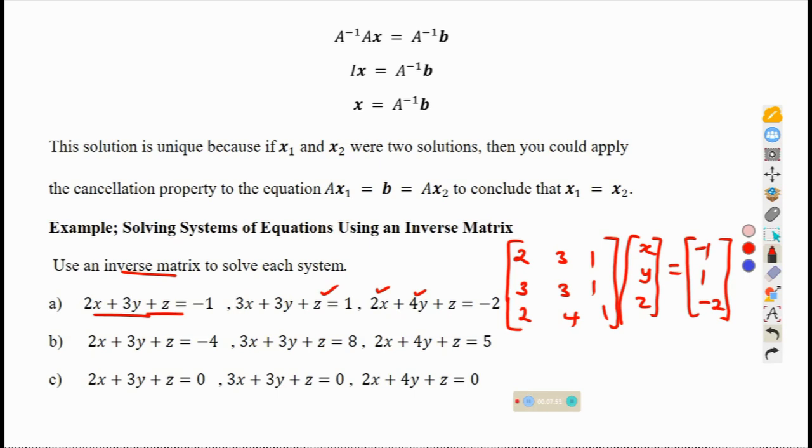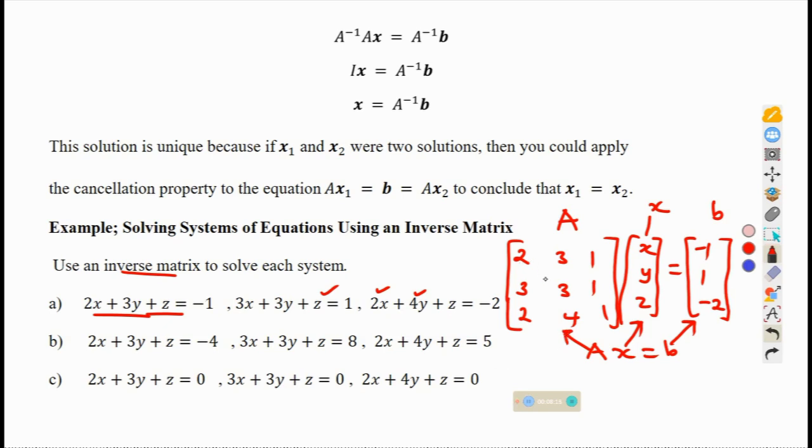Doing that, we can easily see that this is in position for A, this is in position for X, and this is in position for B. So our expression can be AX equals B, where this is your B, those are the variables, and this is the matrix A.